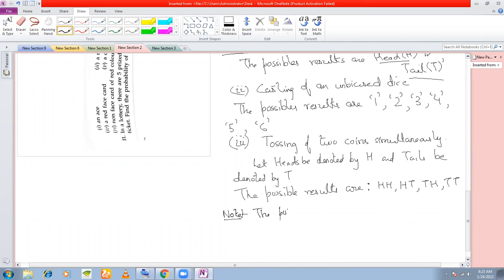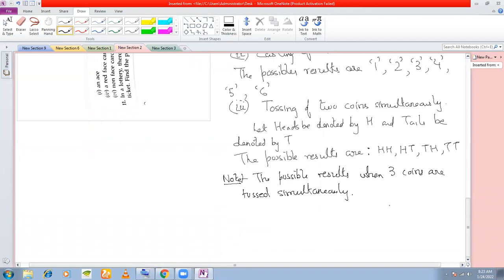The possible results when three coins are tossed simultaneously are, what can be the results? In all three, you can get heads, so HHH. Or you can get HHT, two heads, and in the third coin you can get a tail.